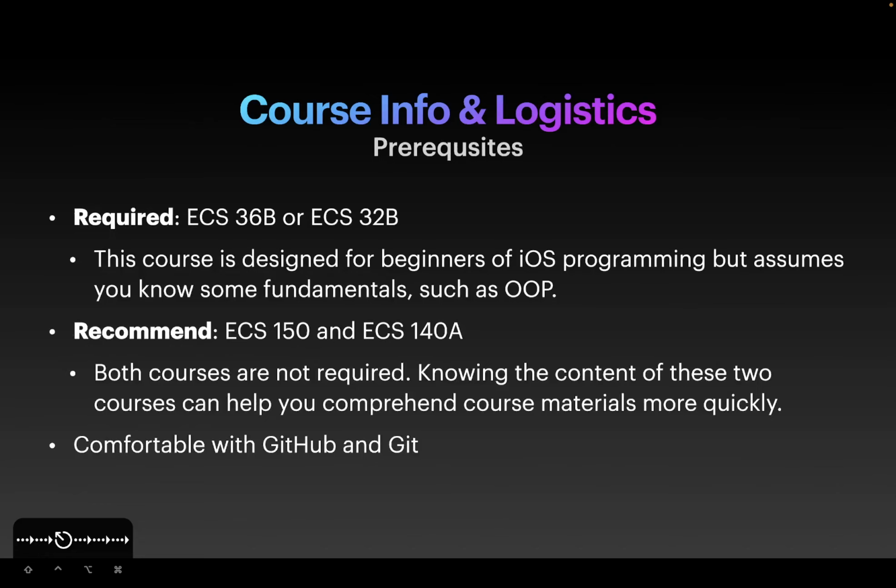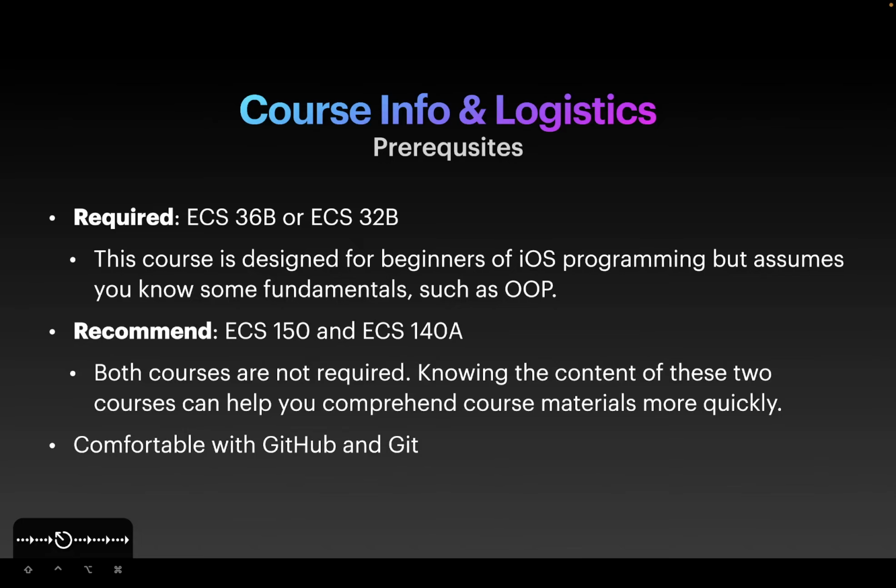Now, these are the prerequisites for this course. ECS 130, ECS 36B and 32B are required for this class, because this class is designed for beginners of iOS programming, but it also assumes you already know some basic stuff about object-oriented programming.